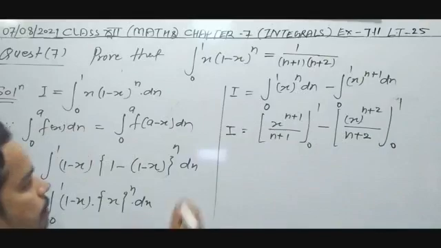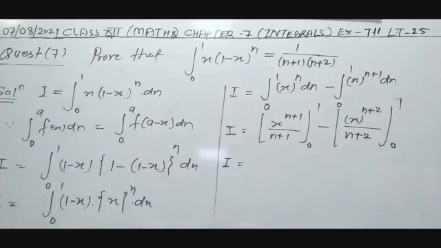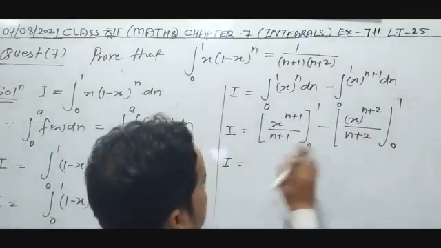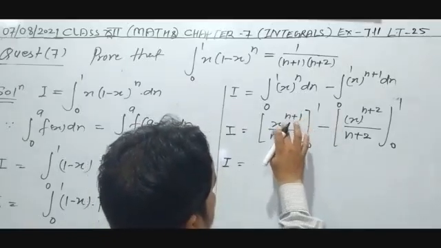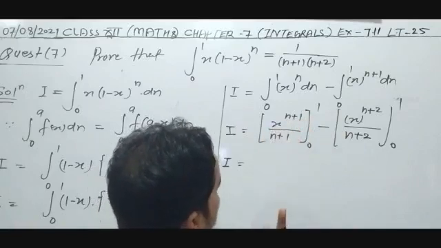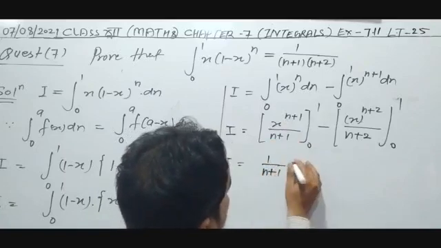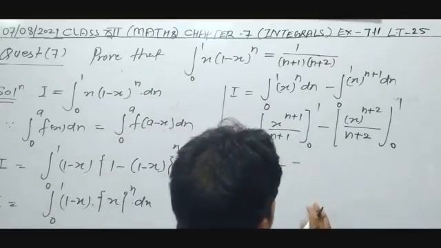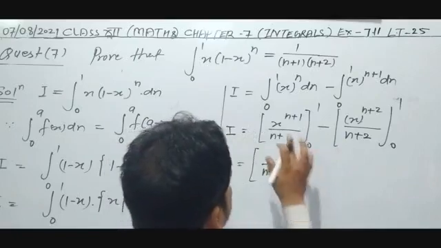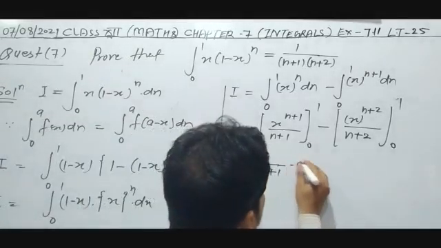After putting upper limit, both upper and lower limit are same, so we are going to put upper limit directly in both functions. So what will be the result? At the place of x you will put 1, so 1 to the power n plus 1 will be the same, result 1 upon n plus 1, and minus lower limit, x to the power 0, means 0 to the power anything, result will be 0.